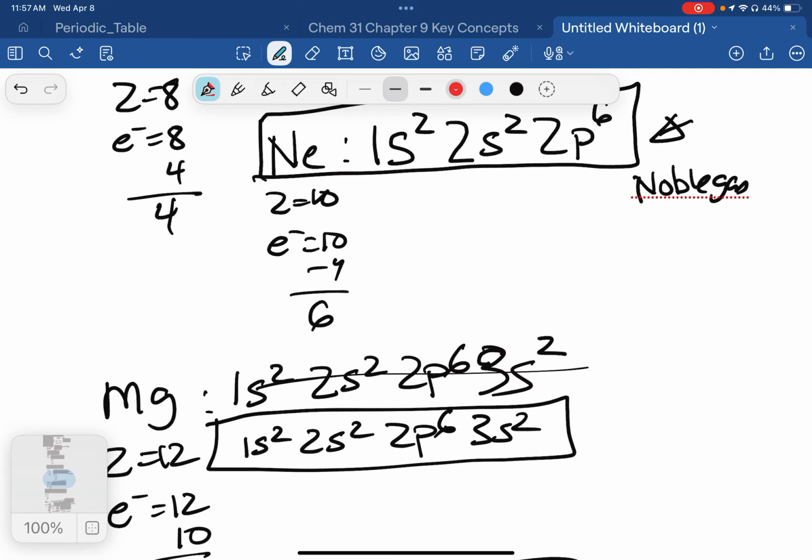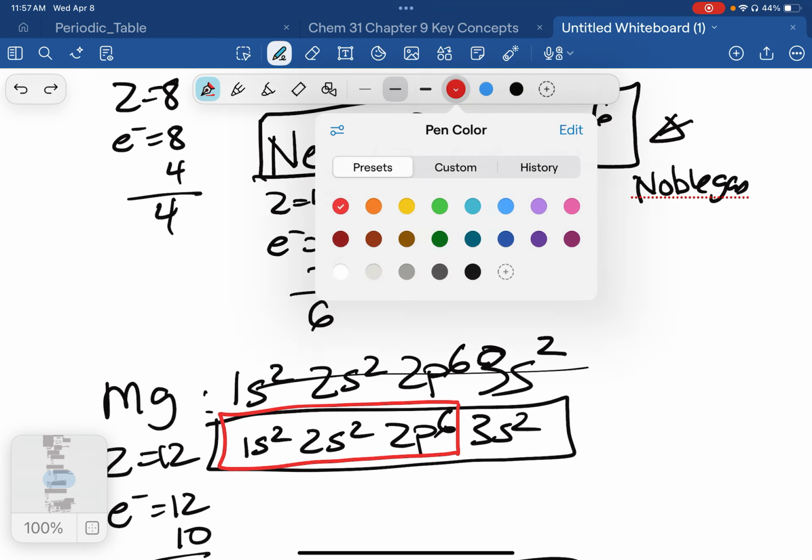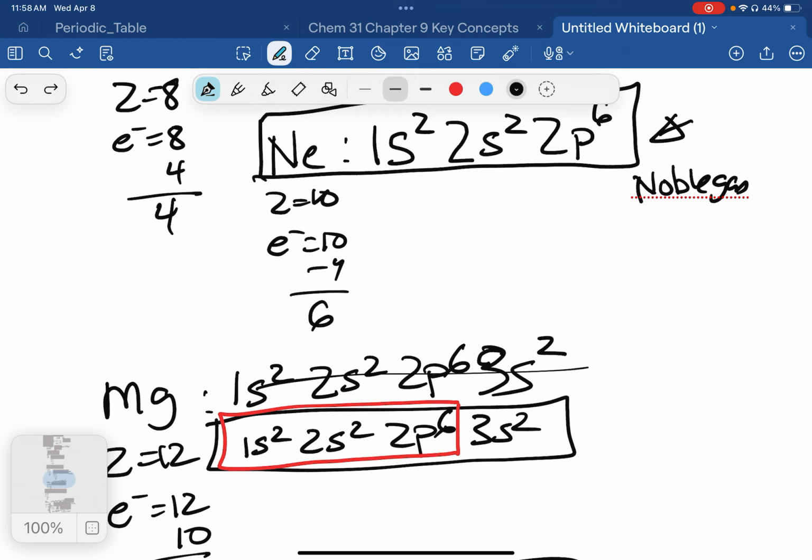If you compare it to magnesium, a little further down the periodic table, you can see that this part of it right here is the same. So therefore you can write your magnesium electron configuration as square brackets, symbol for neon, because that's just going to represent that.